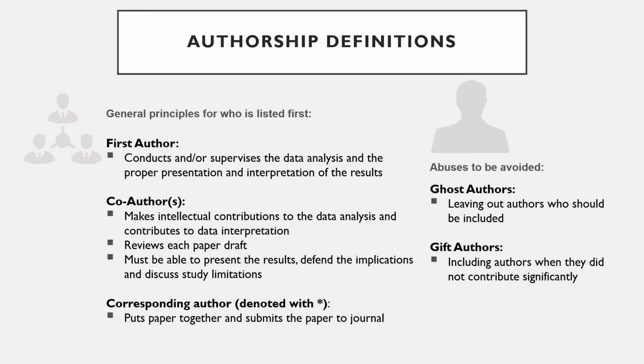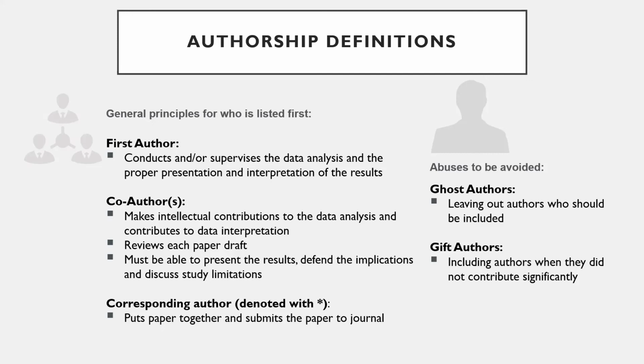For the corresponding author, which is denoted with a star, you can see the star in any paper, on the first name or on the second name, marking the corresponding author. The corresponding author is the person who submits the paper to the journal. Okay, and for most papers, it should be the first author, because he is the one who worked on the paper, and is the one who has the biggest contribution to the paper.